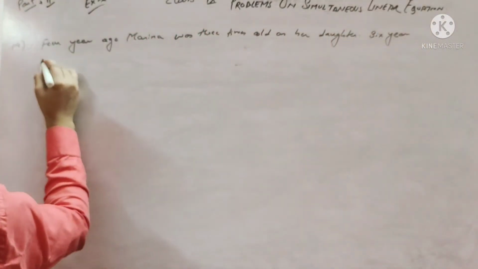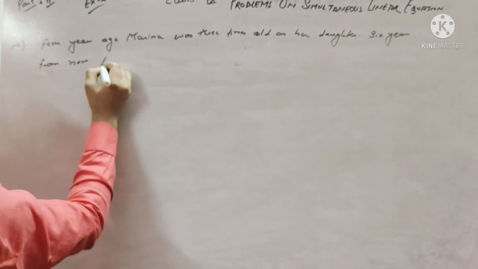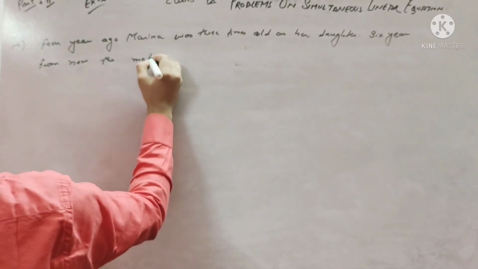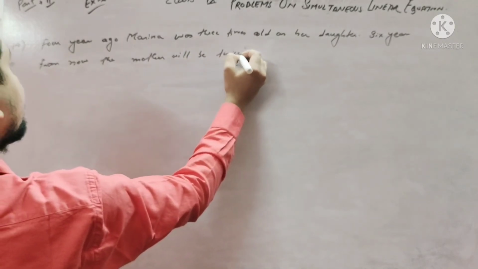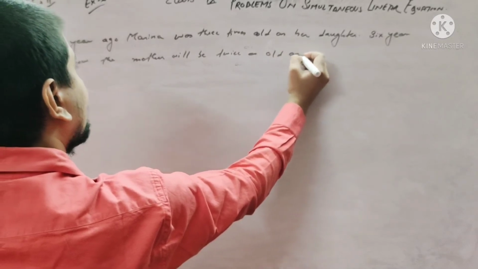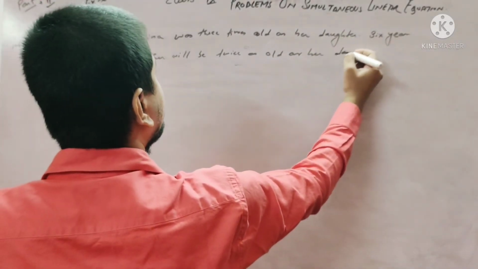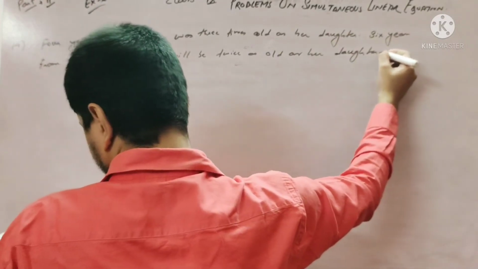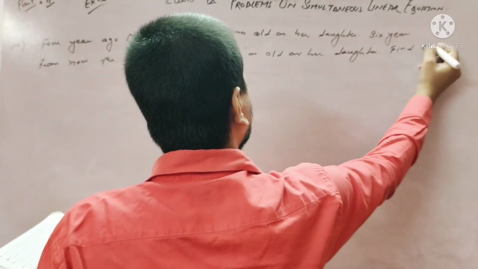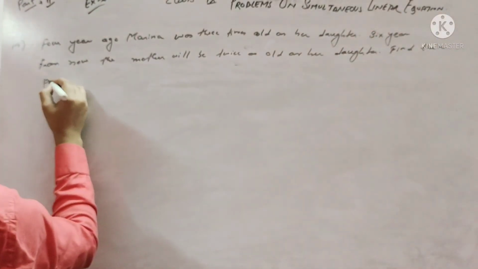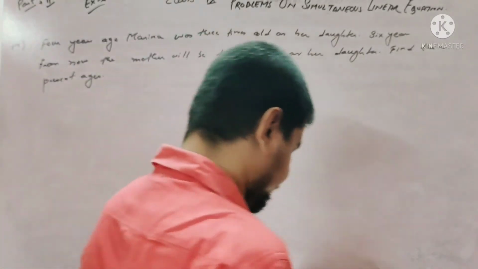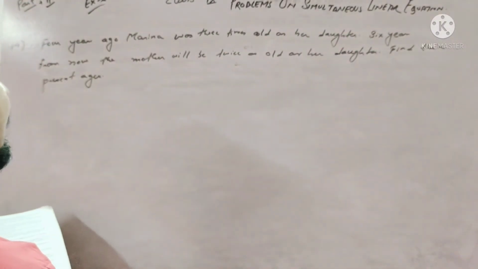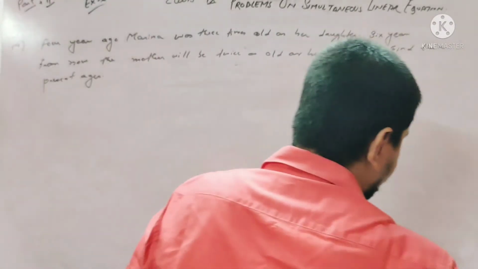Six years from now, the mother will be twice as old as her daughter. Find their present ages.